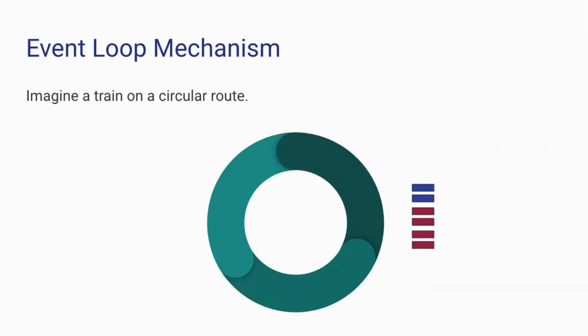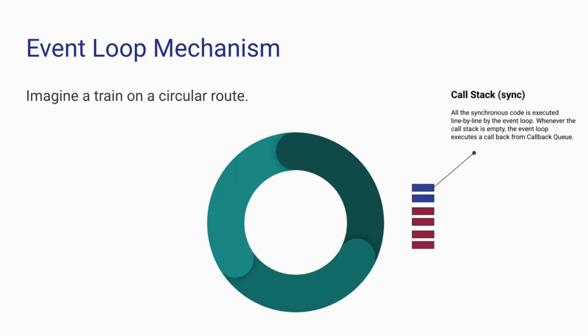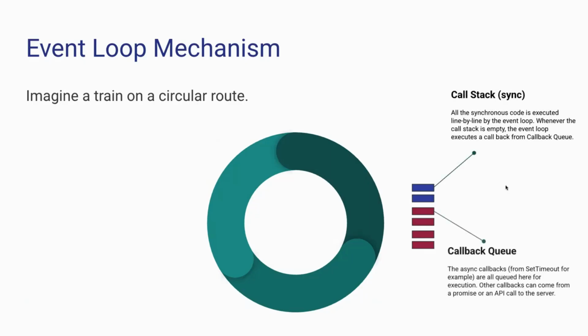Let's check this diagram, which gives you a conceptual idea of what an event loop might look like. Imagine a train on a circular route. It goes from one station to the other, and then to the other, and then comes back to the same station. Let's say station A. On station A, there are different passengers standing. Some of them are standing on a call stack, synchronous passengers. Some of them are standing on a callback queue, asynchronous passengers.